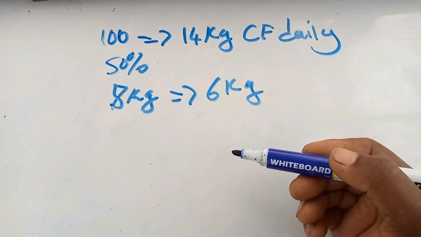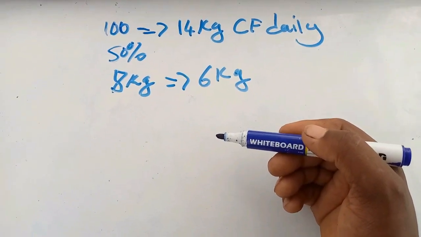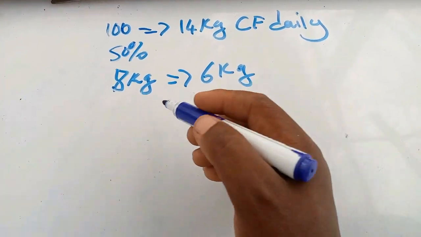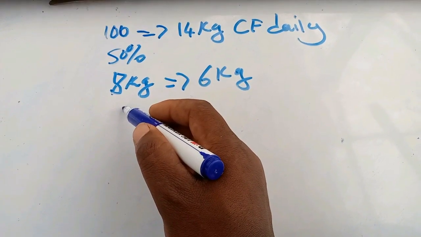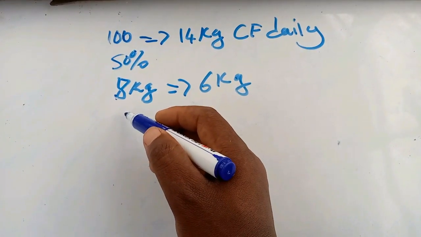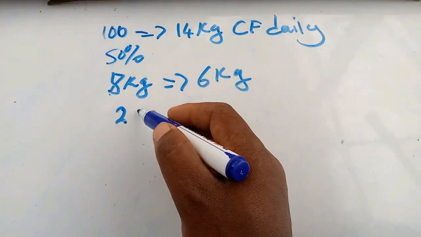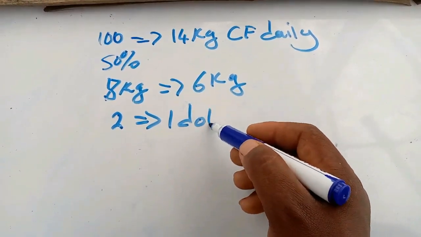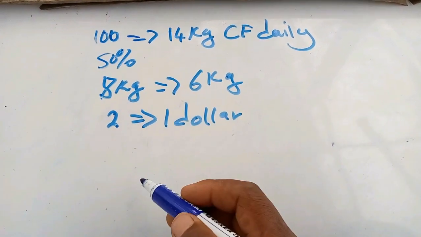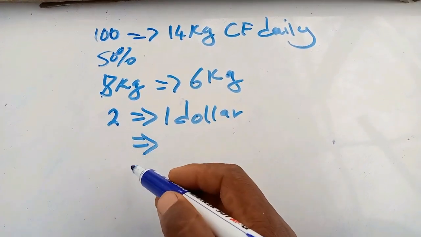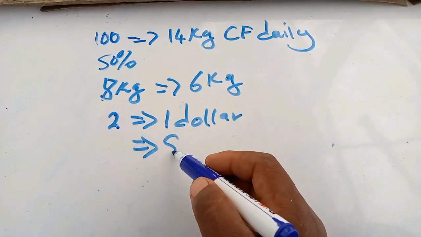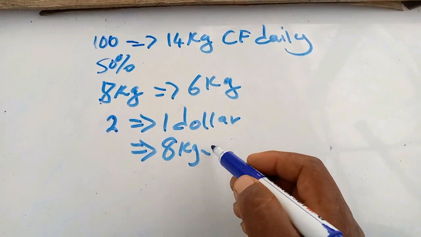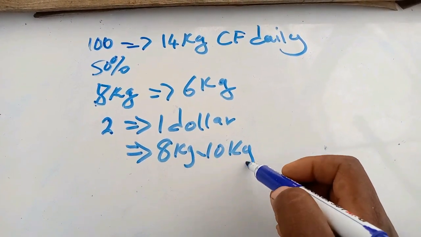Let's see how the savings work. The cost of seed: 2 kg of seed normally is $1, and this 2 kg of seed normally gives us 8 to 10 kg of fodder.